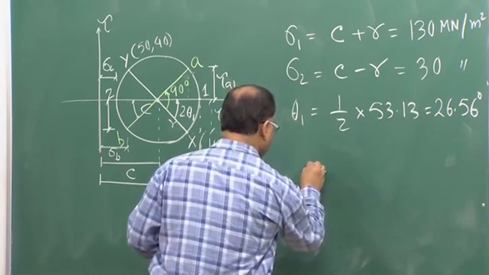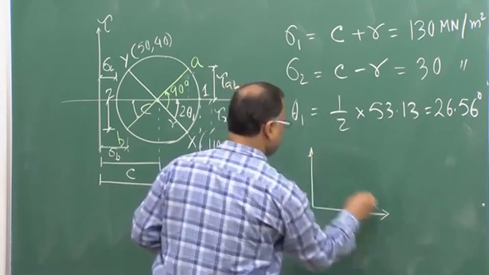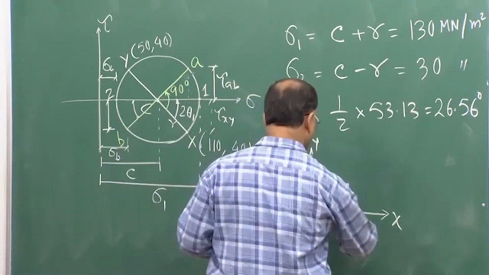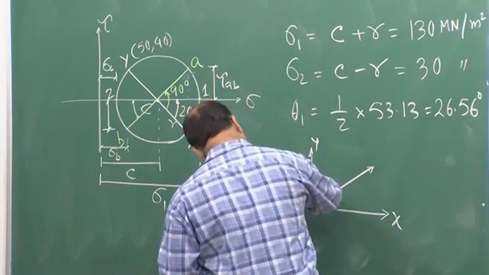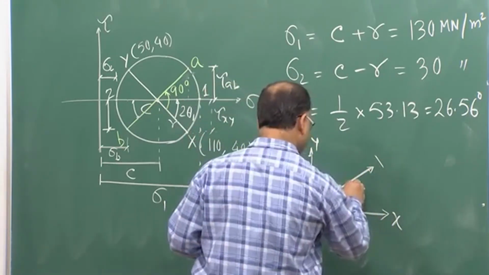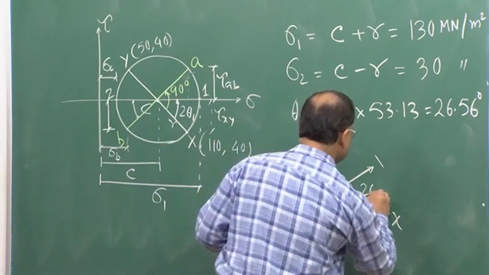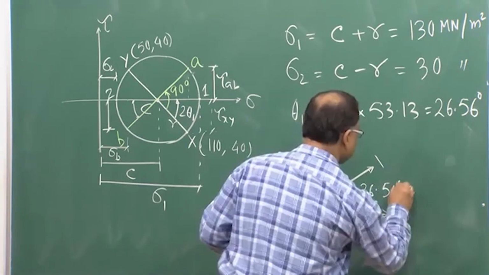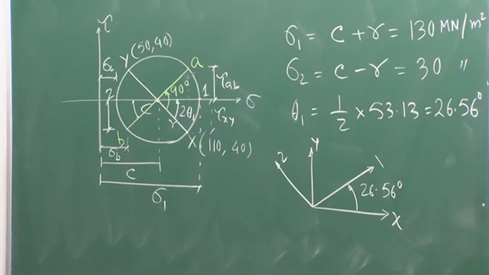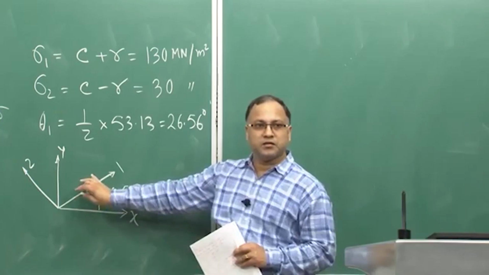So, this is your x and y axis, and this is your 1 and 2 axis, which is making an angle in the anti-clockwise sense of rotation of 26.56 degree. Okay. So, this is done: principal stresses and orientation of principal axis.